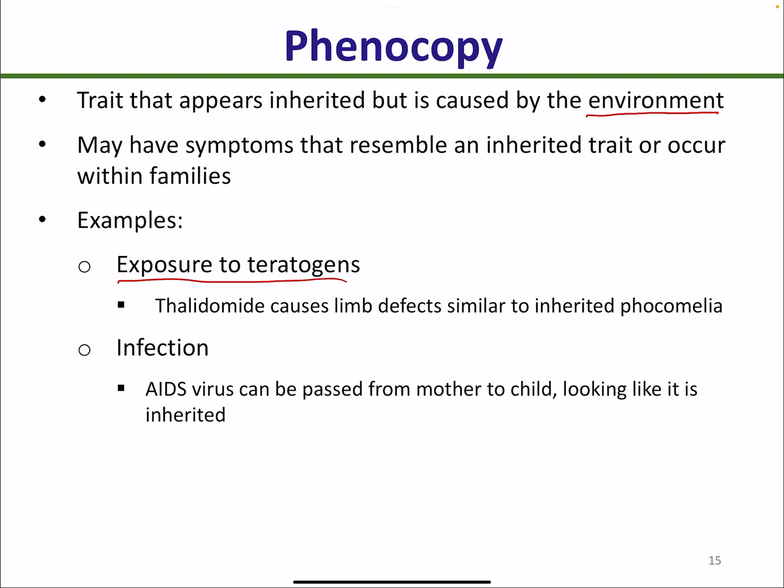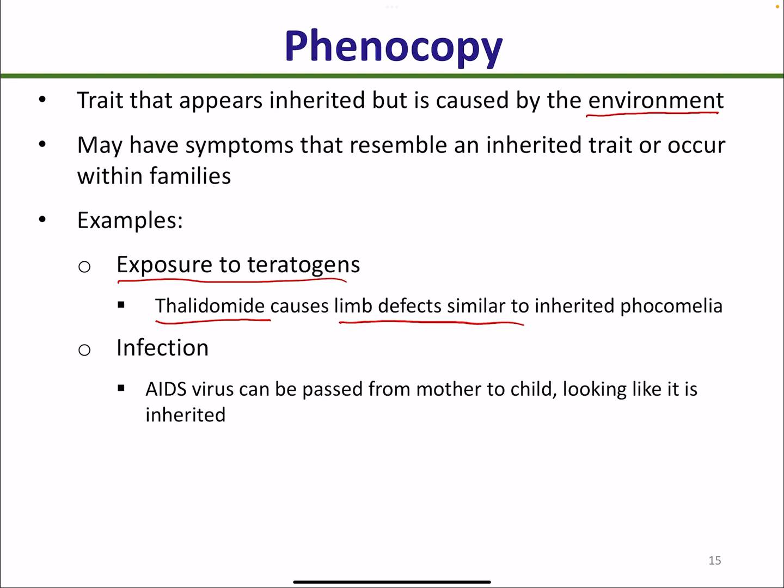Everything depends on the stage, right? Thalidomide was shown to cause defective development of limbs in an early stage of development, right? So they cause defects in limbs, right? Either short arms or short legs, or both short arms and short legs, right?